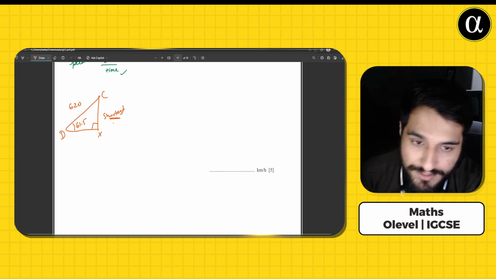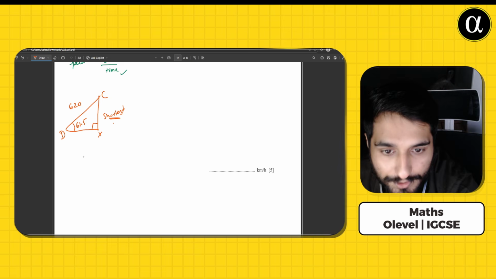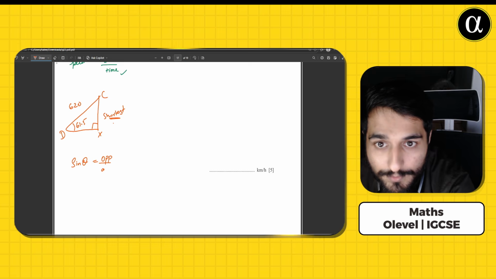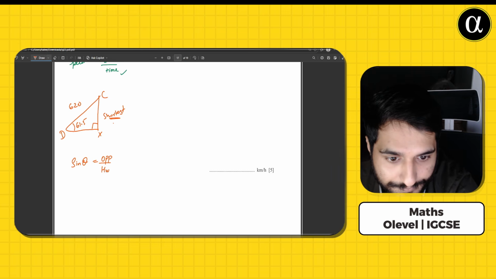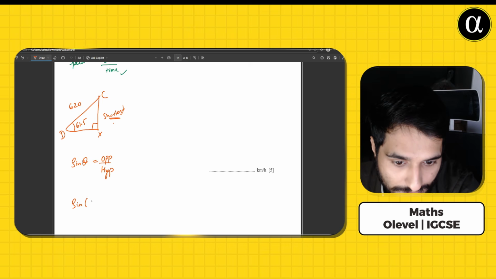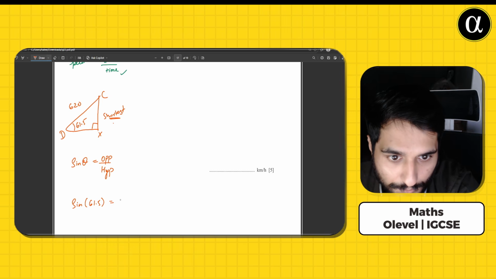Either opposite and adjacent or perpendicular and base. What you're going to do is apply the rule of sine theta, which says that sine theta is equal to opposite over hypotenuse. With that logic, sine of 61.5 is equal to the opposite, which we don't know, that is CX, upon the hypotenuse, which is 620.